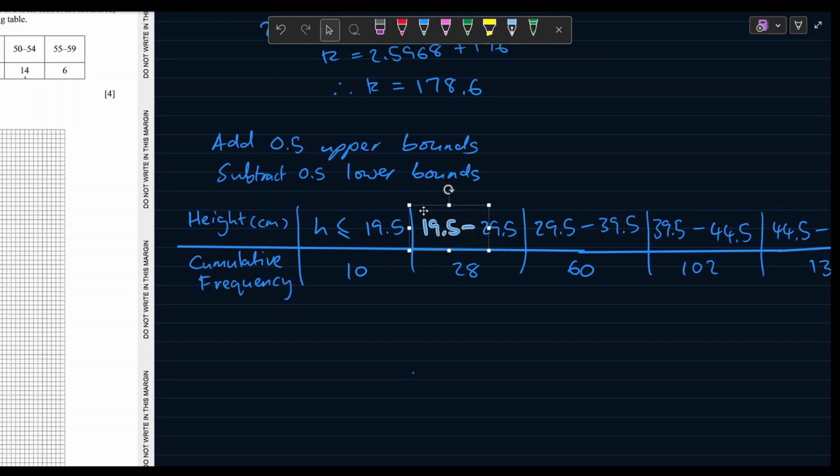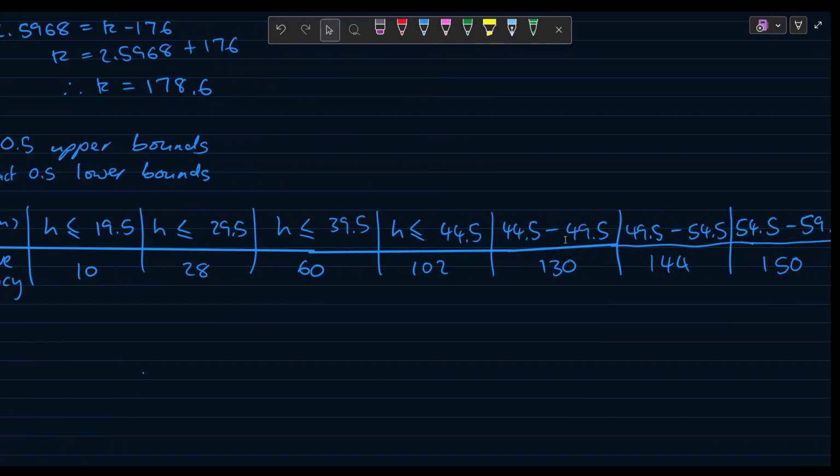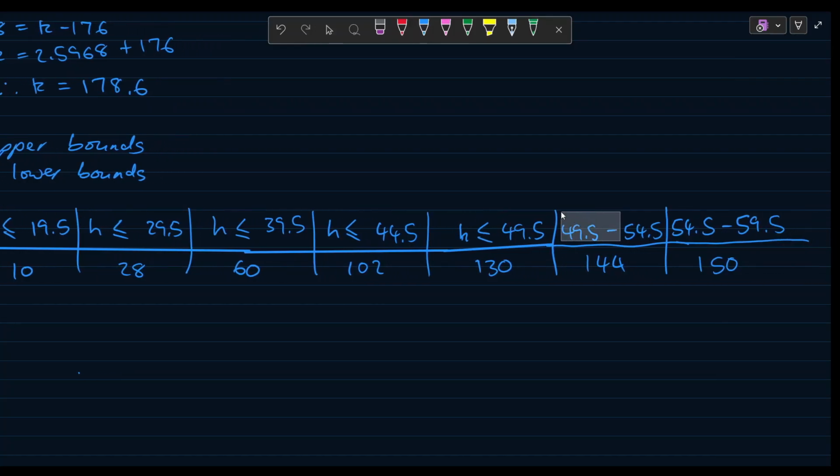This is h is less than or equal to 29.5, h is less than or equal to 39.5, h is less than or equal to 44.5, h is less than or equal to 49.5, h is less than or equal to 54.5, and finally, h is less than or equal to 59.5.